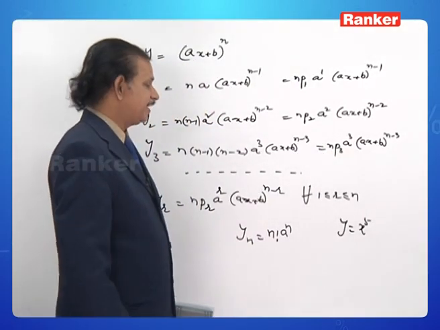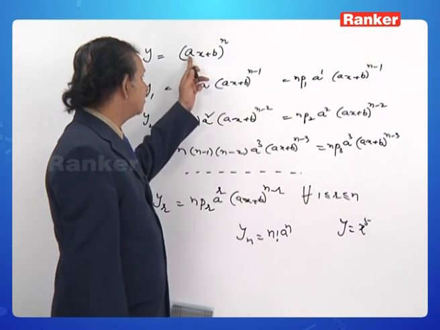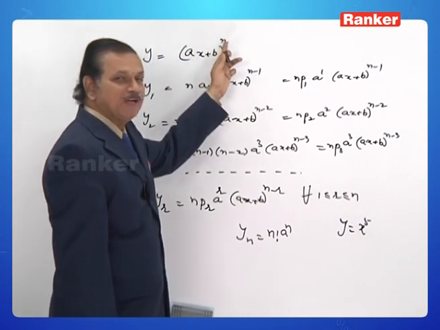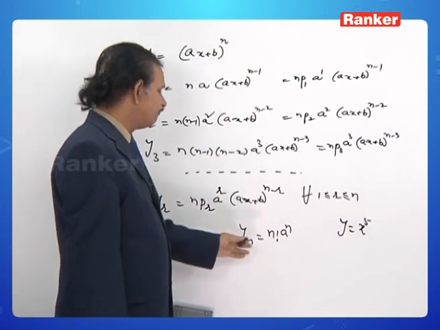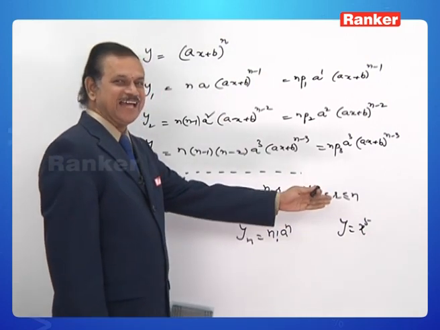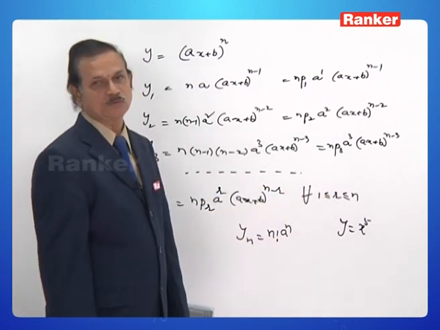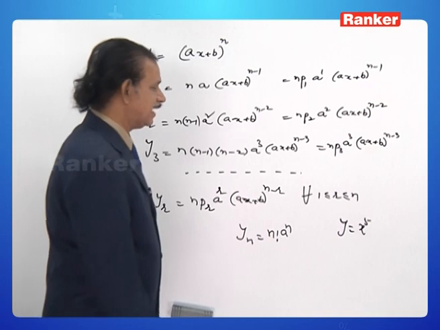What is the fifth derivative? In the place of a, we have 1. In the place of b, we have 0. In the place of n, we have 5. It is y equal to x to the power n, with n equal to 5. So it is 5 factorial.